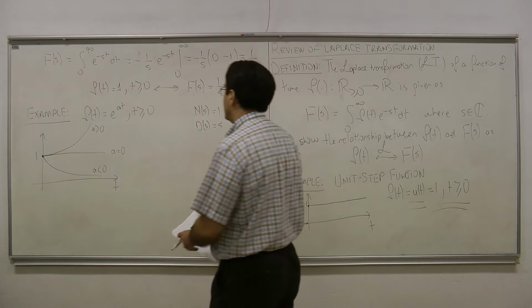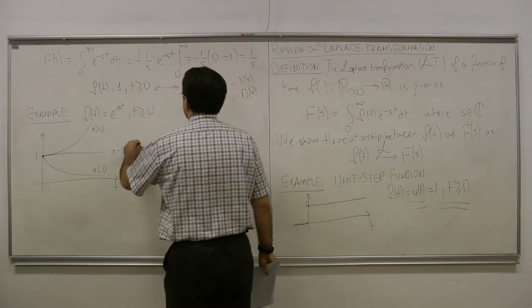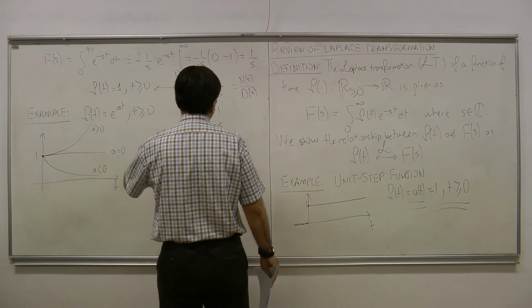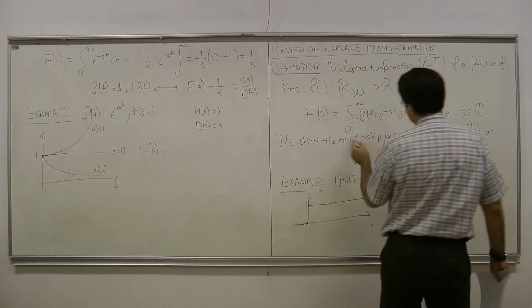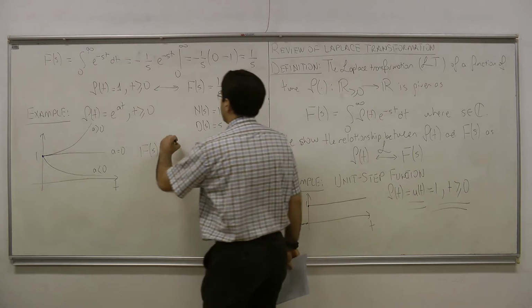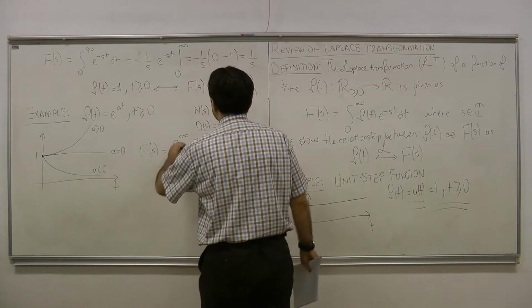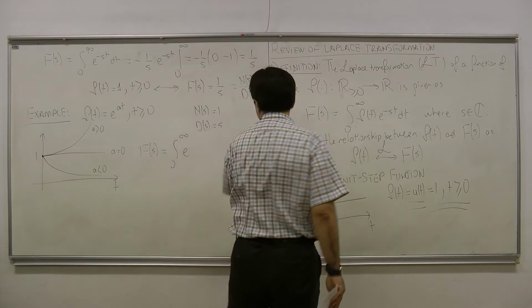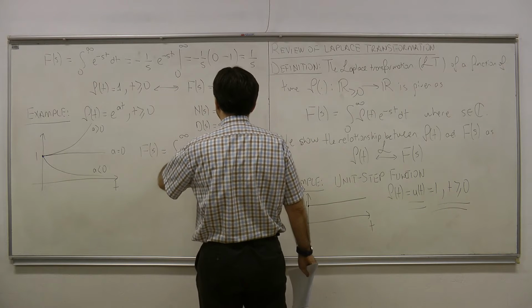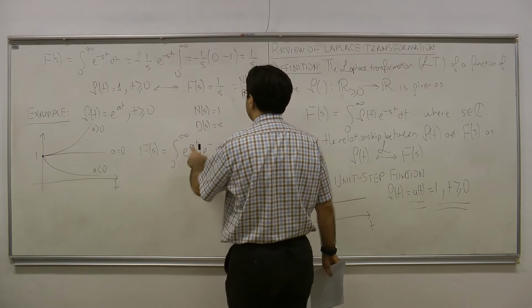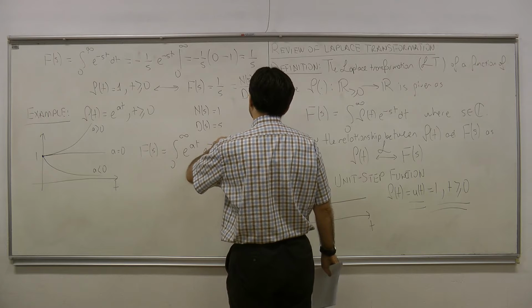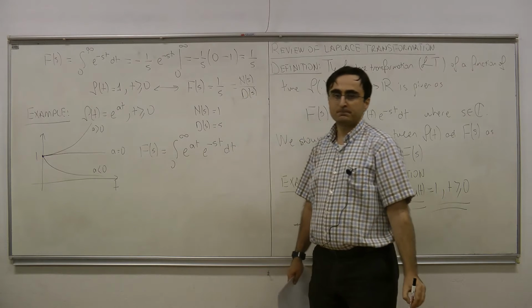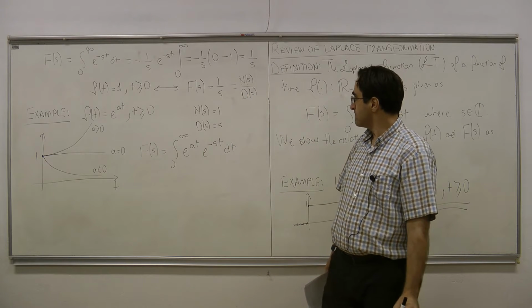Let us try to look at this. So I have F of s equal to, I will use the definition once more, the integral from 0 to infinity. Instead of f of t, I will choose e to the at, and I will have e to the minus st dt here. Okay?